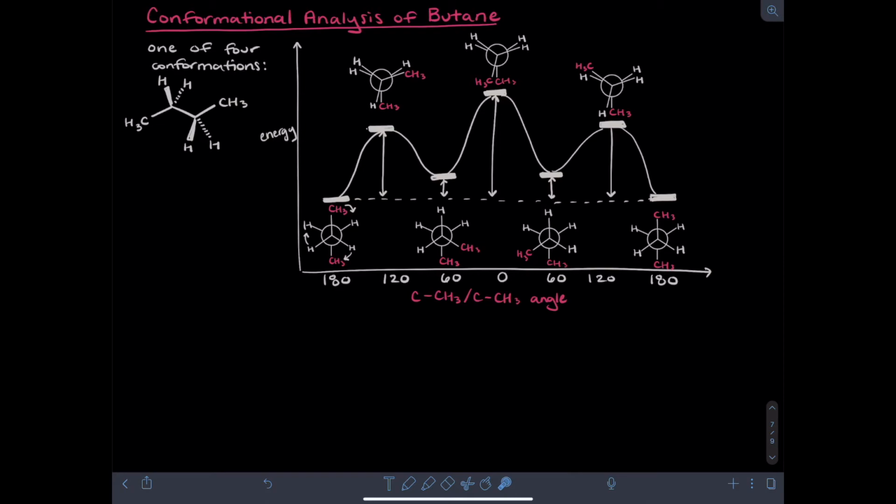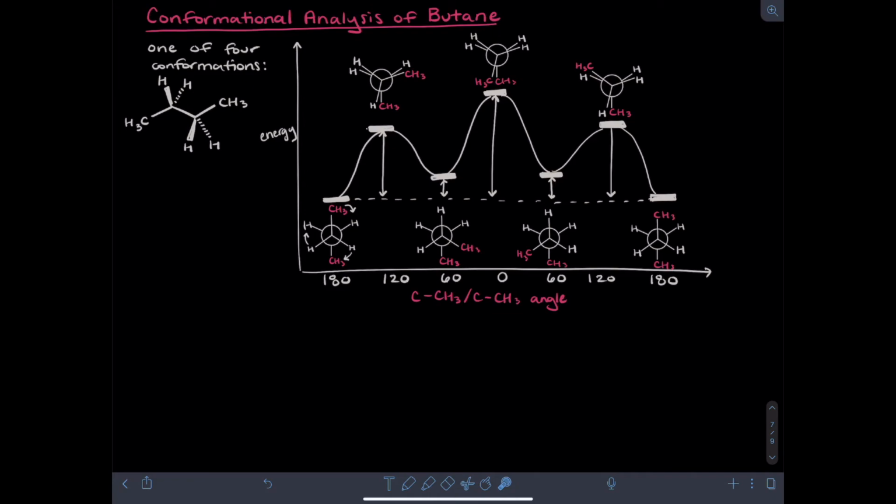As I rotate, I pass through eclipsed conformations between my staggered ones. 2 of my staggered conformations have my methyls 180 degrees apart, and 2 of my staggered conformations have the methyl groups 60 degrees apart from each other. These are higher in energy than the case where the methyls are 180 degrees apart.